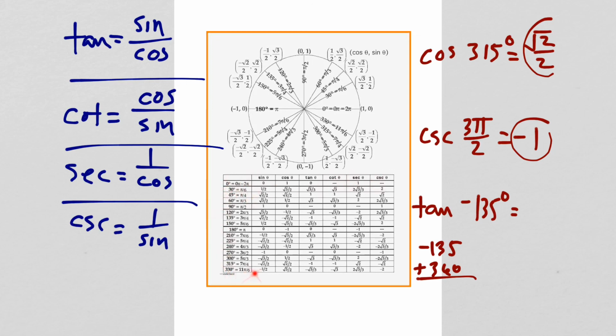But again, we don't have a negative 135. So if we add 360 degrees to it, we should get an answer of 225. So now we have 225 as that measure. So we're going to replace this with 225. Now we go to our chart, 225 degrees. We go over to tangent. So that answer is equal to +1.